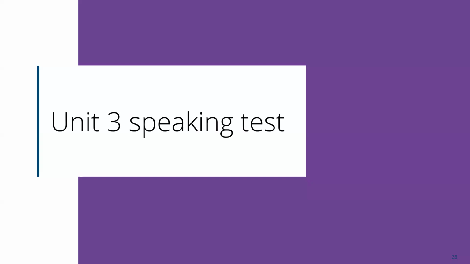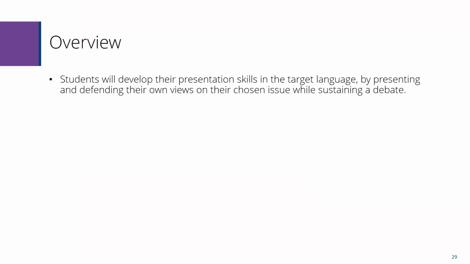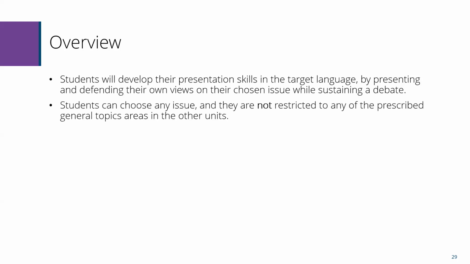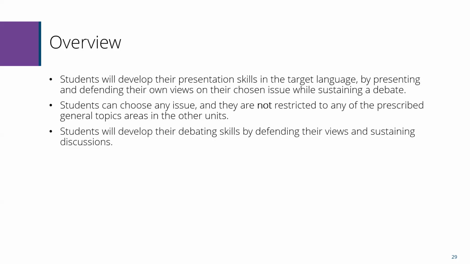So the Unit 3 speaking test then. Let's just have a look at the overview of the Unit 3 speaking test. They need to develop their presentation skills in the target language by presenting and defending their own views on their chosen issue whilst sustaining a debate. Students can choose any issue and they're not restricted to any of the prescribed general topic areas in the other units. So it can be absolutely anything.